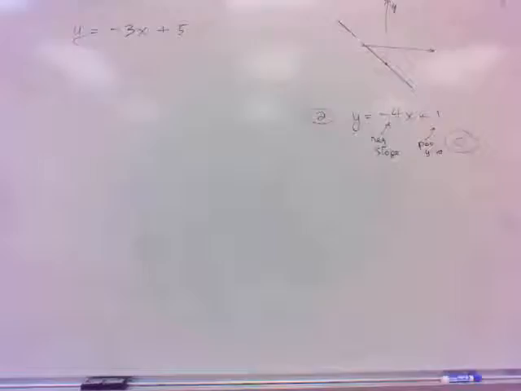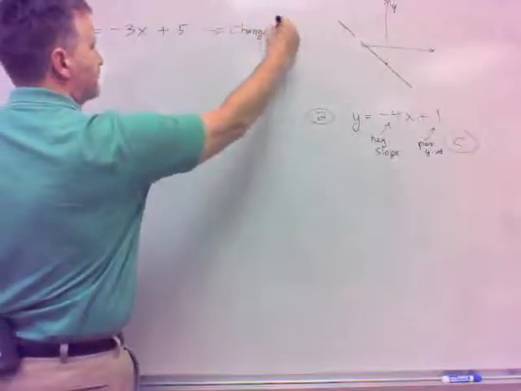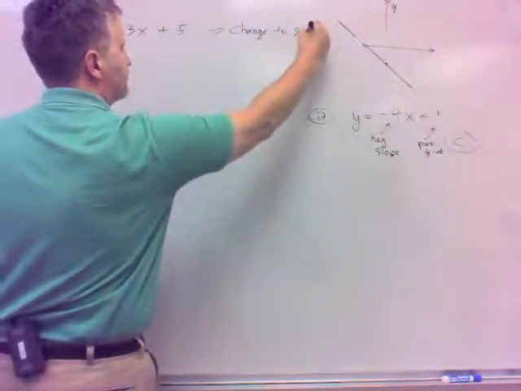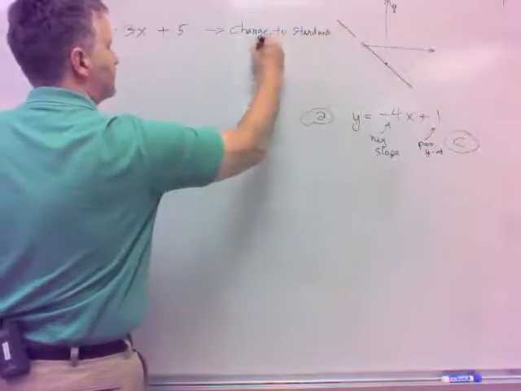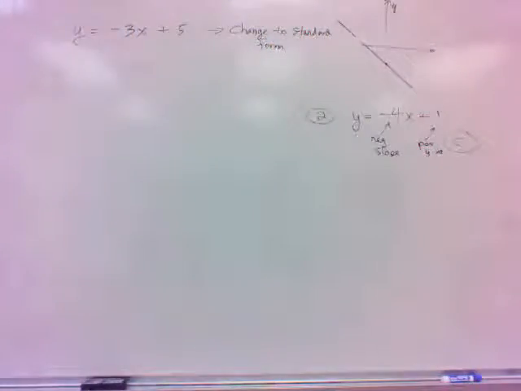First of all, that's in slope-intercept form, right? If I want the standard form, let's talk about what that would mean here. What do you think that would mean?